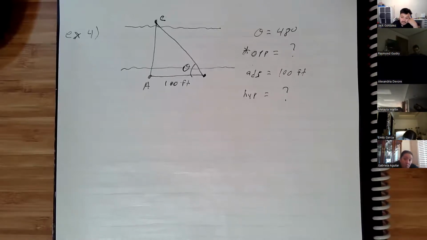So if you have an adjacent side and you're looking for the opposite, what trig function would you use out of the 6?